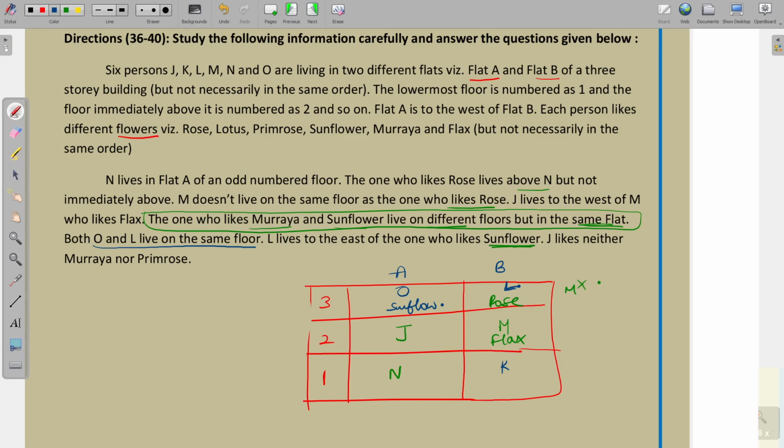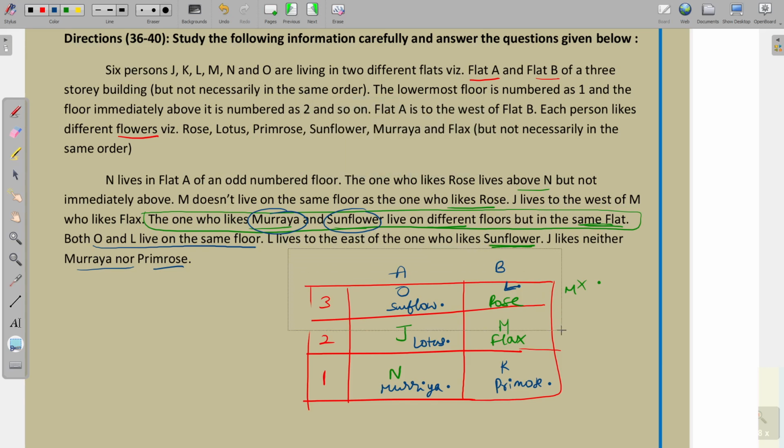Suppose M and K, and M and K. So, here sunflower and Muria are both in the same flat. J doesn't like Muria, so J likes neither Muria nor primrose. So, here Muria is coming. N likes Muria, and the remaining flower is primrose. So, primrose is liked by K, and for J, the remaining flower is lotus. Lotus is liked by J. Okay, this is the final arrangement of the puzzle.